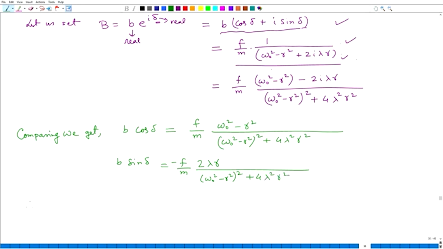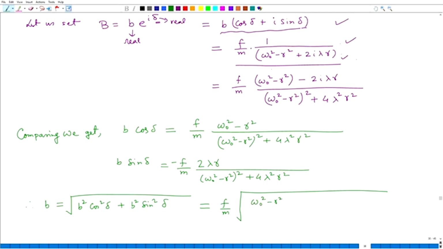So B will simply be root over B square cos square delta plus B square sin square delta, and if you do the squaring and adding, you will find that F by m will be common, and inside the bracket you will have omega 0 square minus gamma square whole square plus 4 lambda square gamma square, and the denominator will be the square of this.